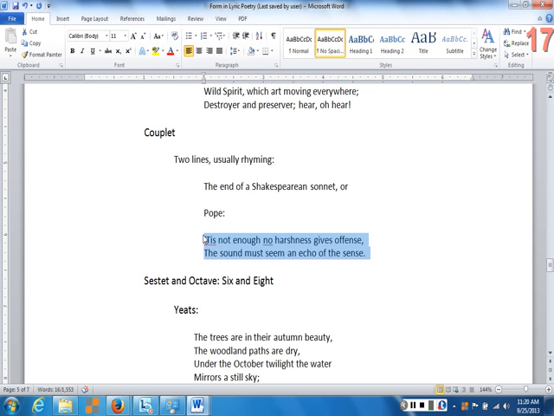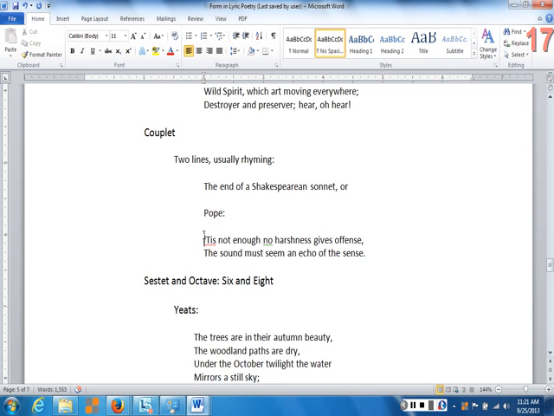If you watched the lecture on sound in poetry, you will remember this particular pair of lines. "'Tis not enough, no harshness gives offense. The sound must seem an echo of the sense." Offense rhymes with sense. You have a rhyming couplet then.